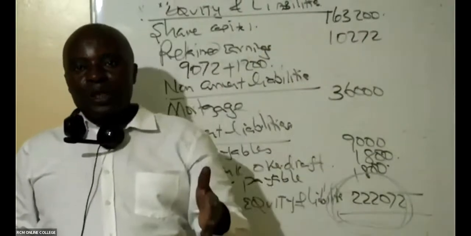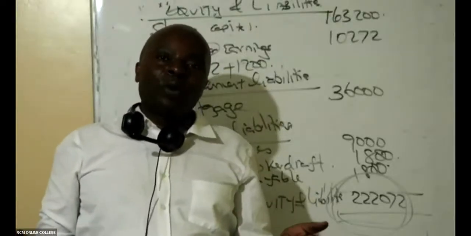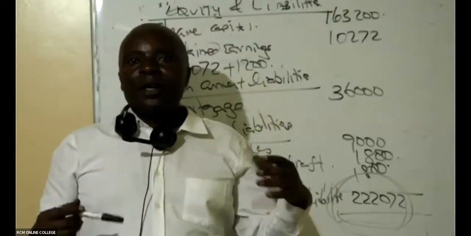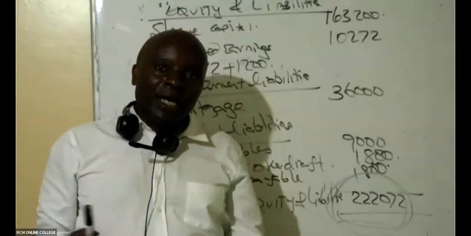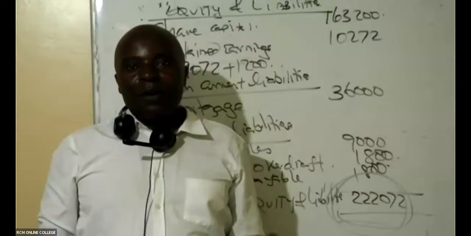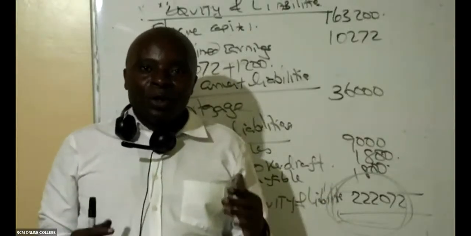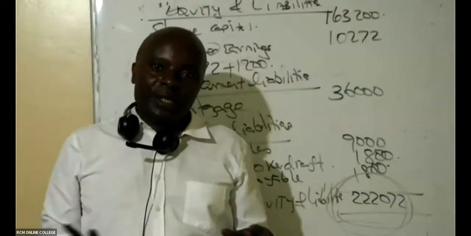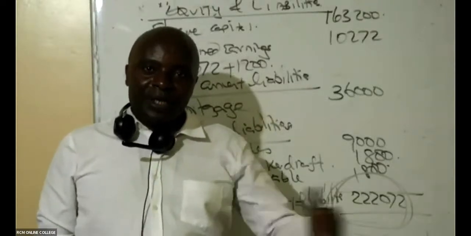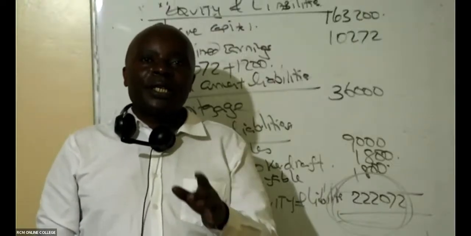Remember, great students, whenever you balance, not even just a student, even at the workplace, whenever you balance your mathematics like this, you're supposed to stand up a little bit and dance. The ninja style. Many accountants do not know how to dance. I've never met any accountant who knows how to dance. But even if you don't know how to dance, you can do it the ninja way, or you can dance a little bit using the emojis.